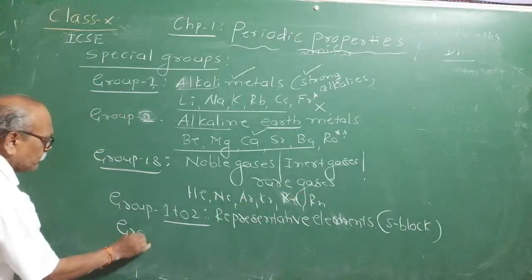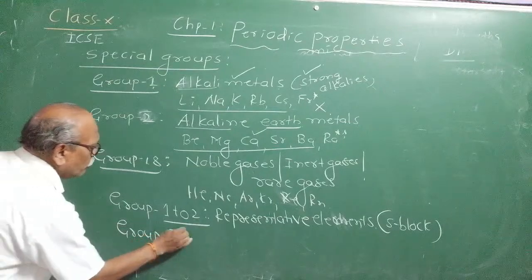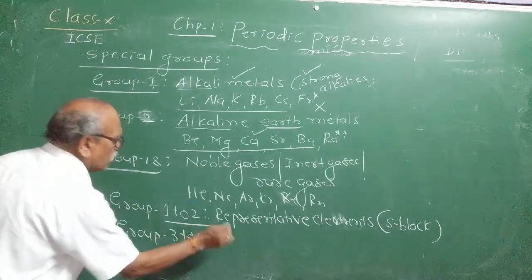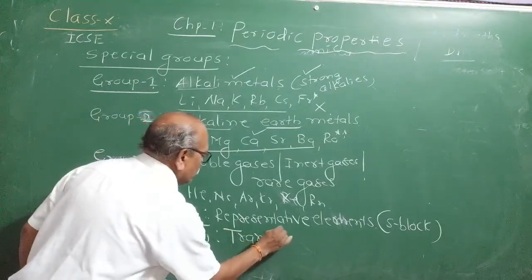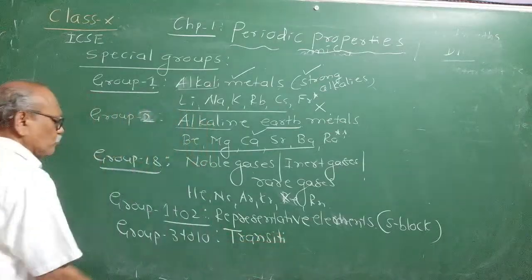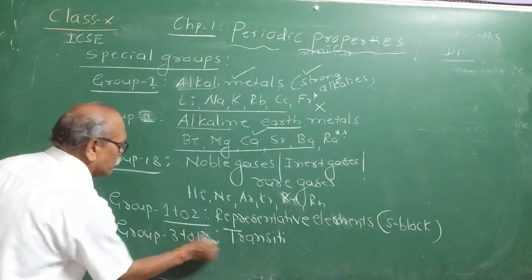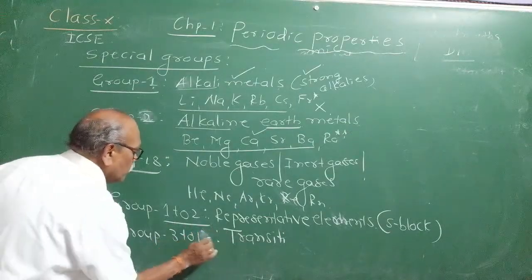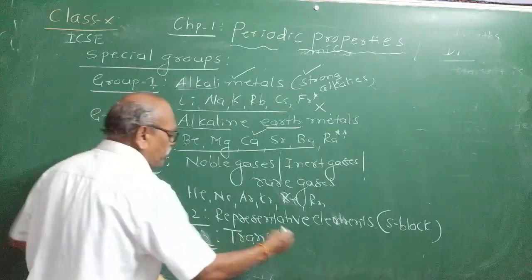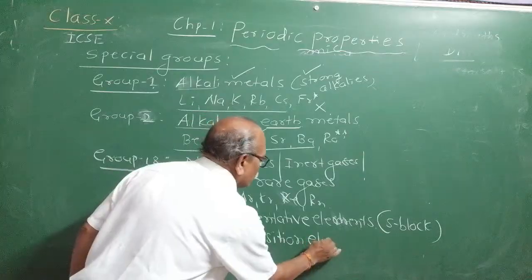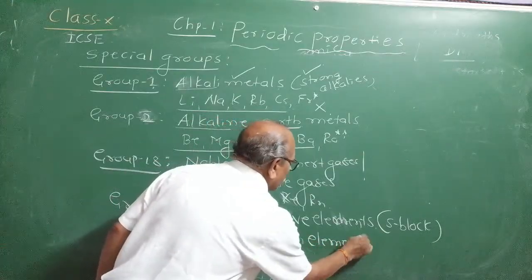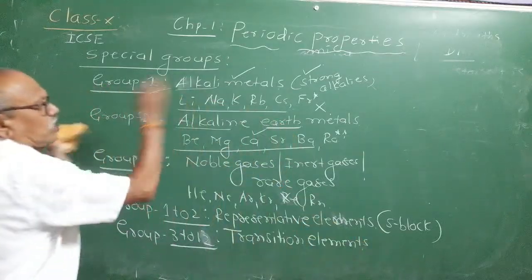Groups 3 to 12 are called transition elements. They are in between the S block elements and the others. Why are they called so? They show a transition from metallic to non-metallic property.